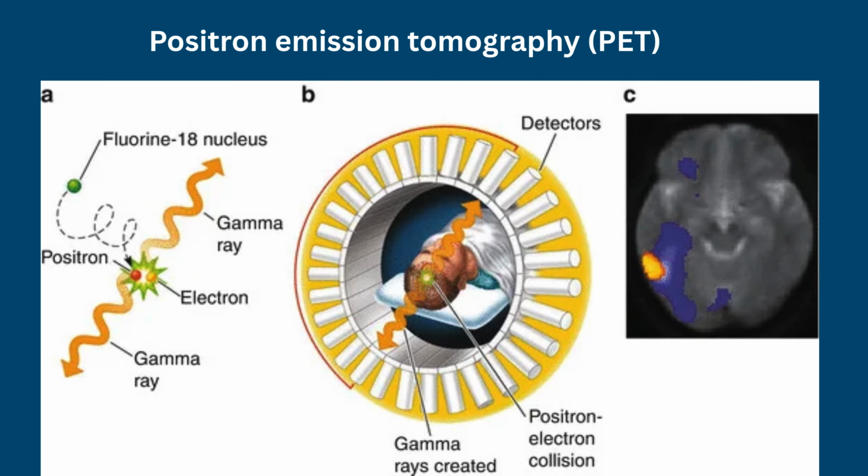Positron emission tomography has emerged as a cornerstone technology in modern diagnostic medicine and biomedical research due to its ability to provide functional and quantitative information at the molecular level. Unlike conventional imaging modalities that primarily depict anatomical structures, PET enables the assessment of metabolic activity, receptor binding, and biochemical pathways in living systems.